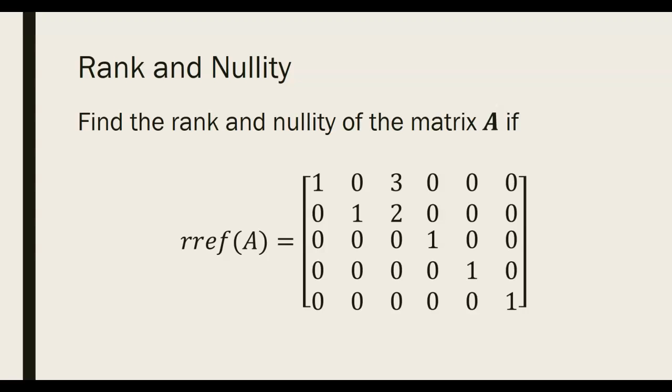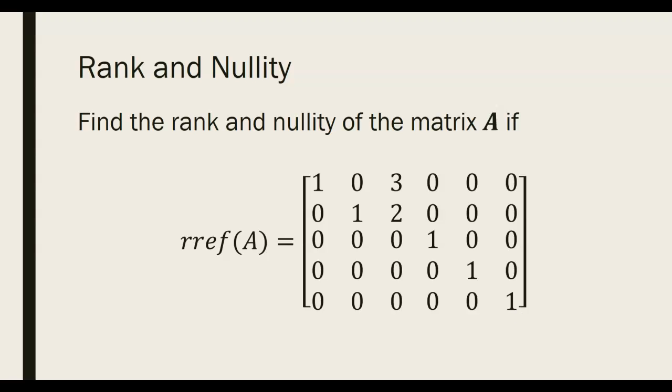All right, hopefully you went ahead and did that. You'll notice how many pivot columns we have. We have 1, 2, 3, 4, 5 pivot columns. So 5 vectors in the basis for the column space. So rank is 5.